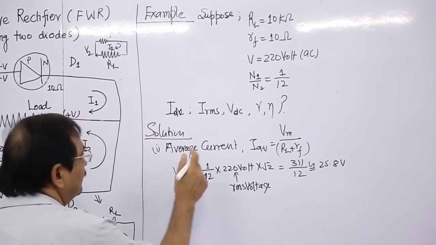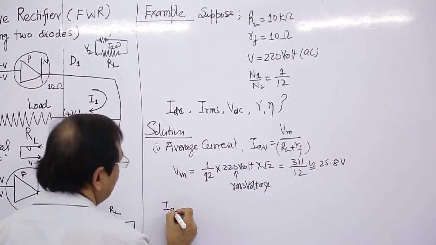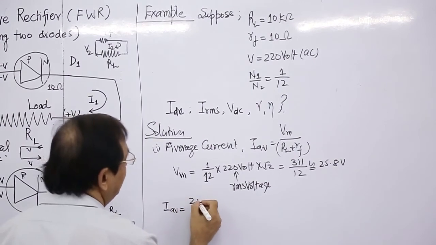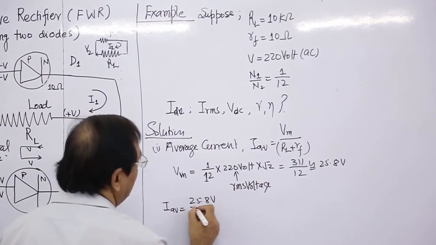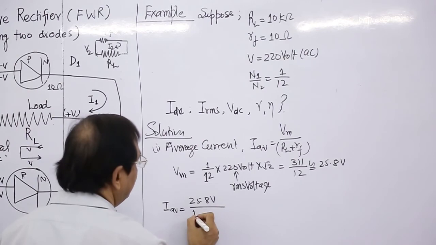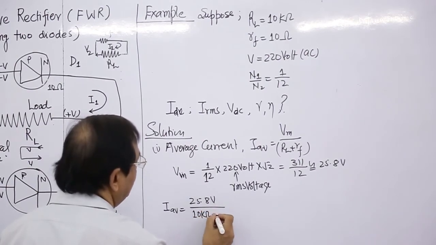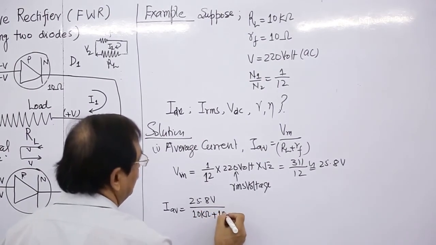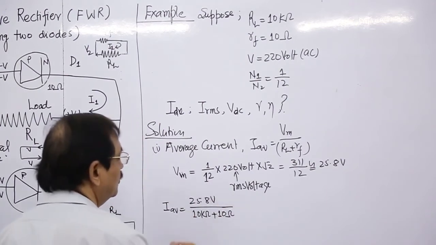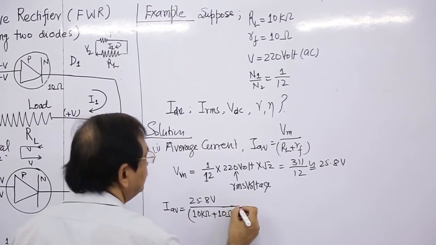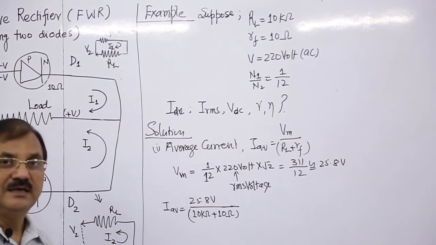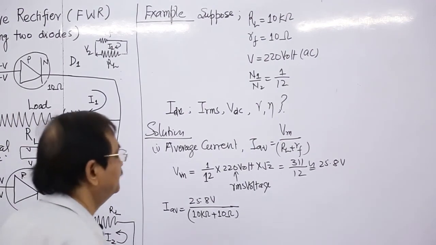And now I average is 25.8 volt divided by 10 kilo ohm plus 10 ohm. This is the I average value.